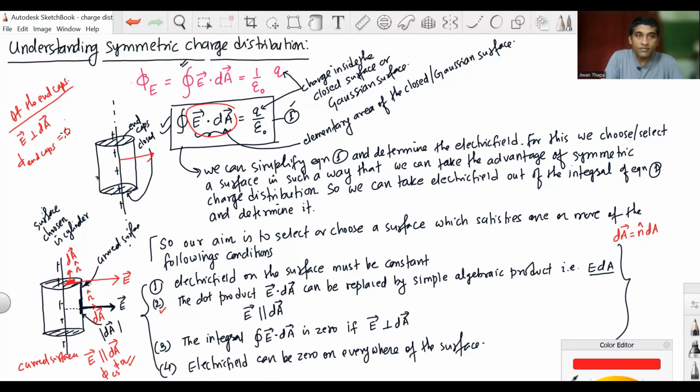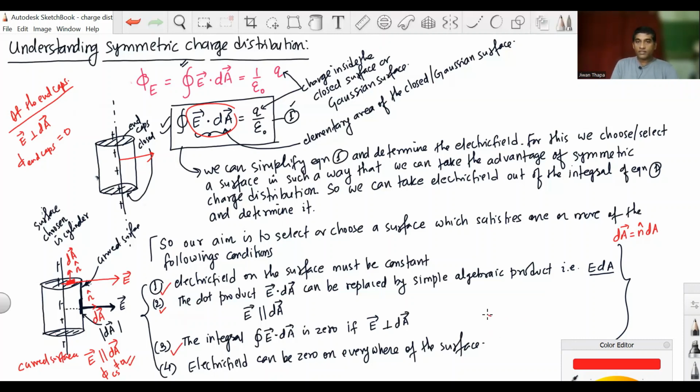So at the end cap, we use this condition. Clear? And at the curved surface, if you look into this figure, we have a closed cylinder.